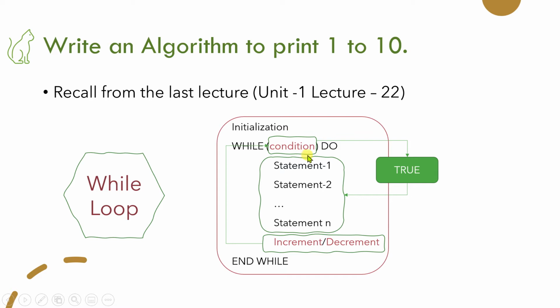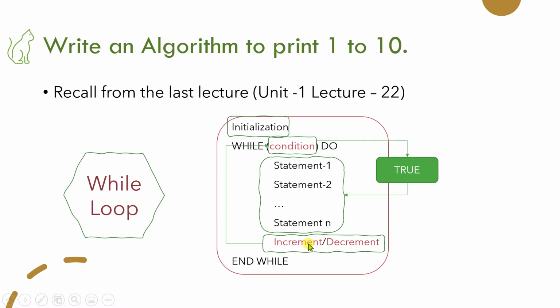If the condition is satisfied, the statements get executed and things continue, and each of these loops is called an iteration. Without the initialization line there would be no use of the increment or decrement line.